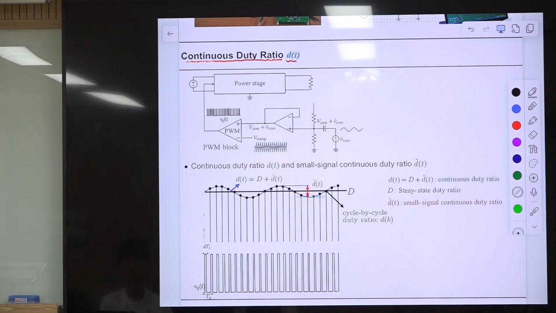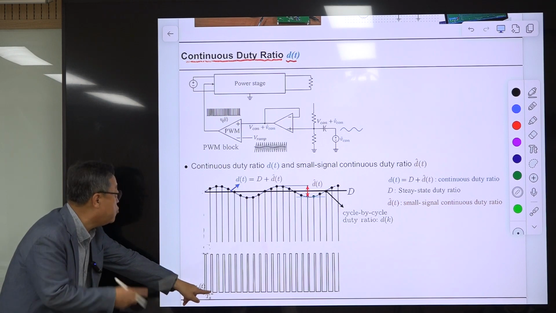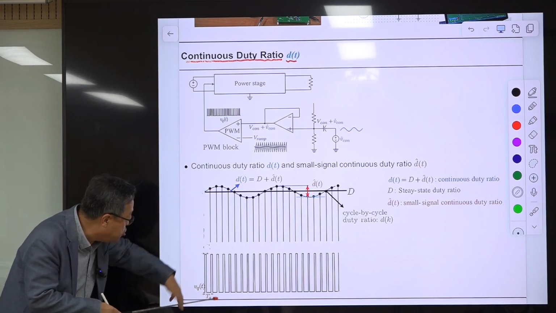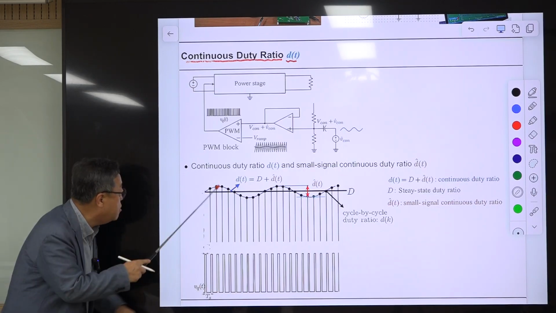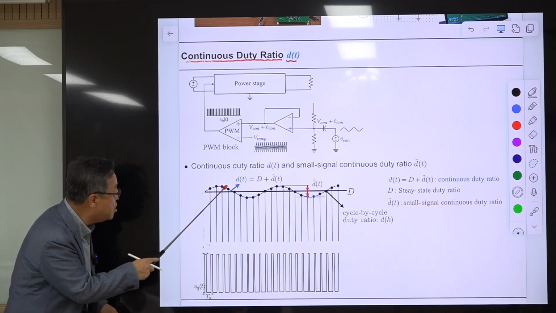You wait one switching period, DTs, and at the end of this switching period, you calculate the duty ratio and put one dot here. In the next switching period, you wait one period, and at the end of this period, put another dot here. Then you continue doing this.